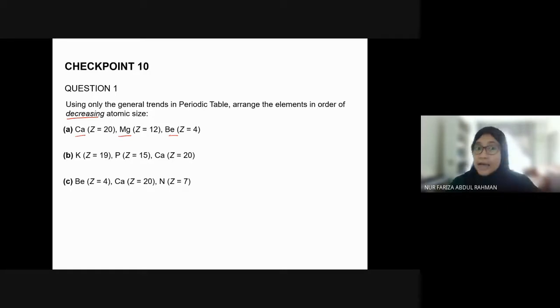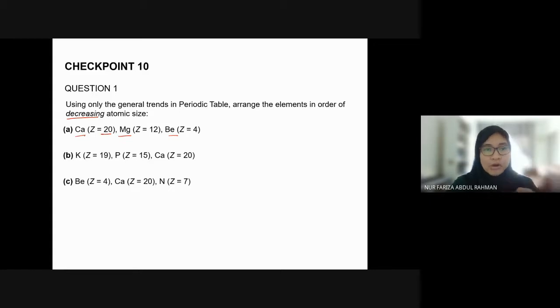Aside from referring to the periodic table, alternatively we could use the Z, the proton number or atomic number given here, to construct the electronic configuration. From there we can determine whether they are in the same period or going down the group.